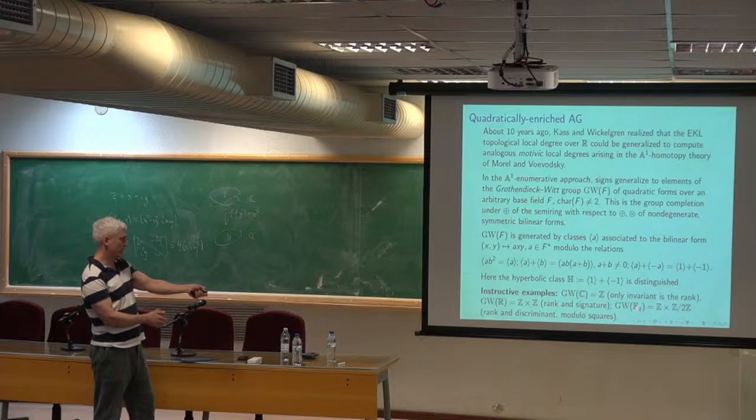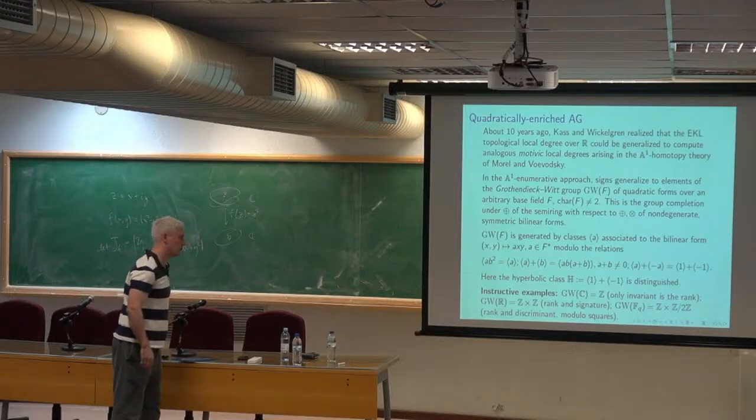Whereas if you take a finite field, the Grothendieck-Witt group turns out to be isomorphic to Z times Z mod 2Z, where the first factor, again, always corresponds to the rank of the form, and the second is the discriminant up to squares.